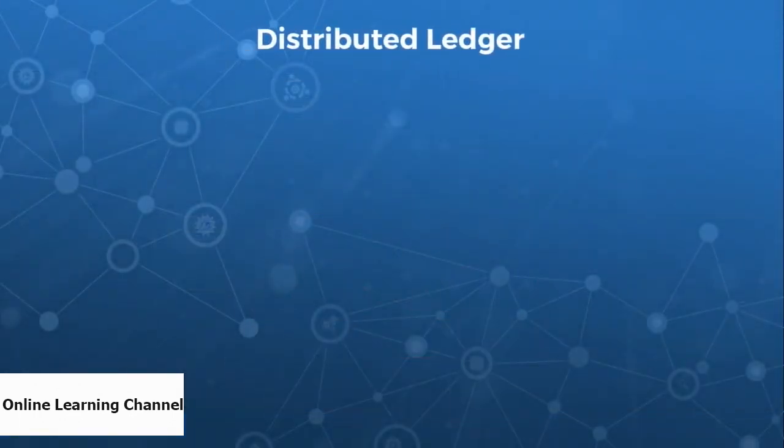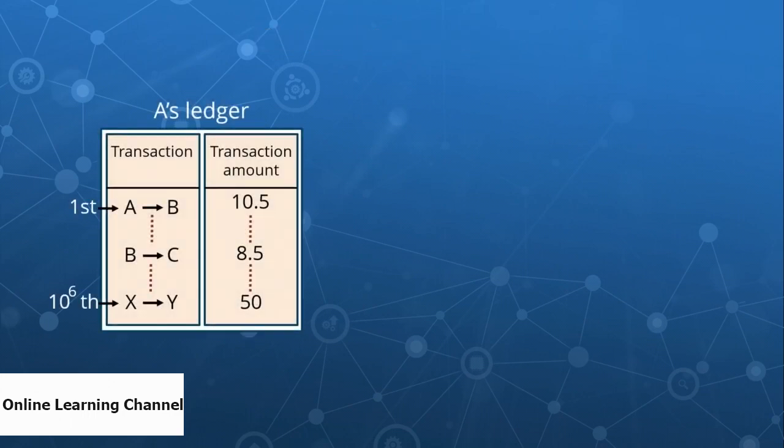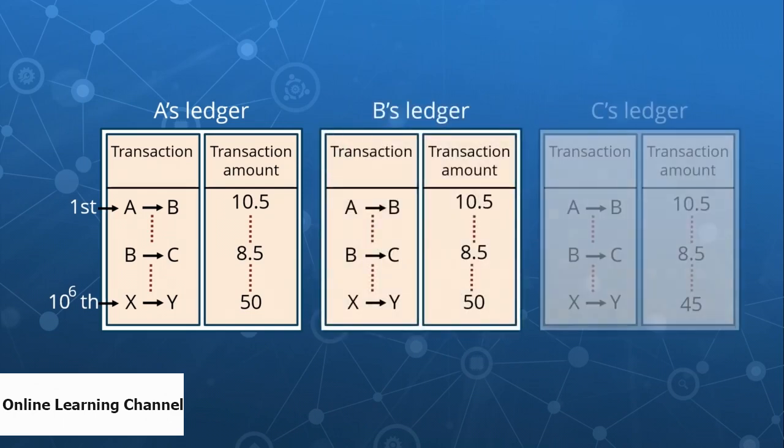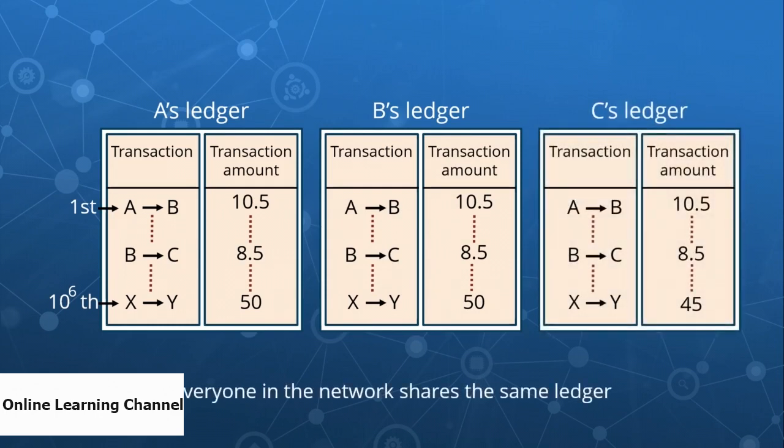So from these nodes in this network over here, let us take a reduced version of the network where we have three of the nodes in consideration. There is the node A, and this has a ledger which has a total of 1 million transactions. B has a similar ledger also with 1 million transactions, as does the node C. All of these three nodes will now need to ensure that they're working with the exact same copy of the ledger.